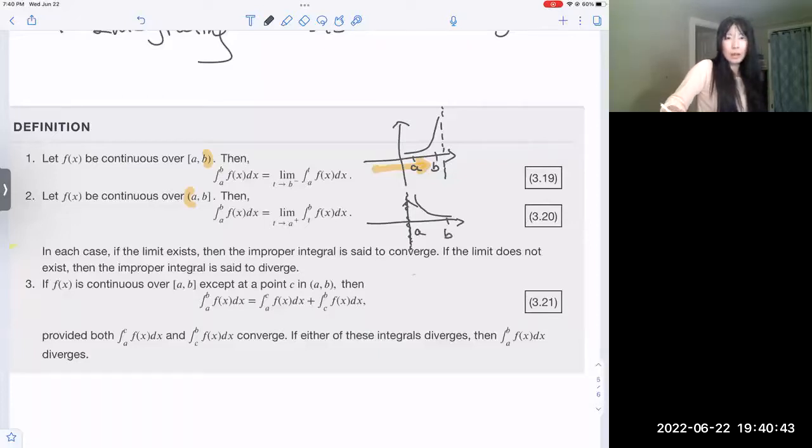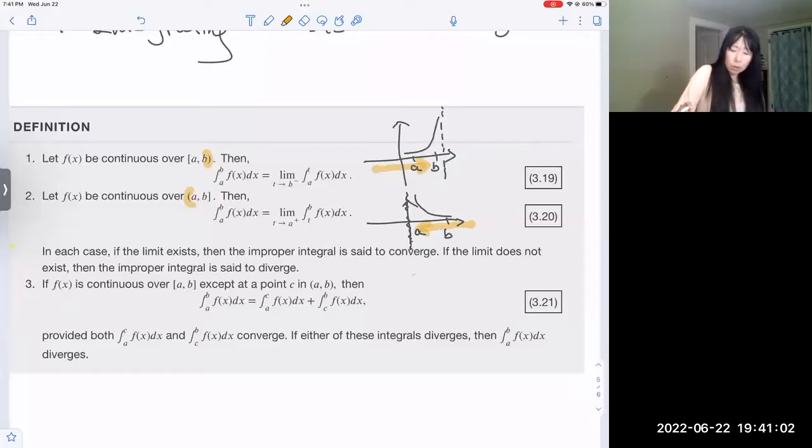Okay, then look, we can say that T approaches from the right, and then we replace T at the A spot, right? Okay, so from the right.